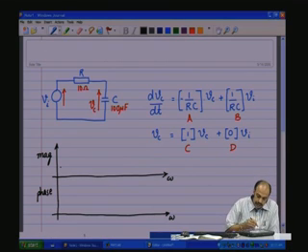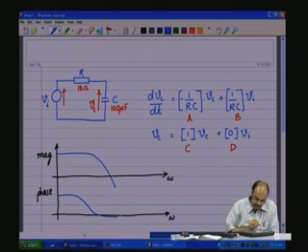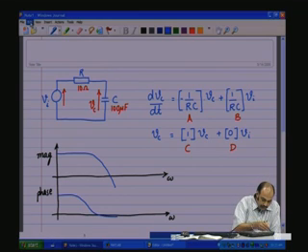So, we would like to see a waveform. So, what is happening to the magnitude as frequency changes, and also what is happening to the phase as frequency changes. These are some of the issues that we would like to address.